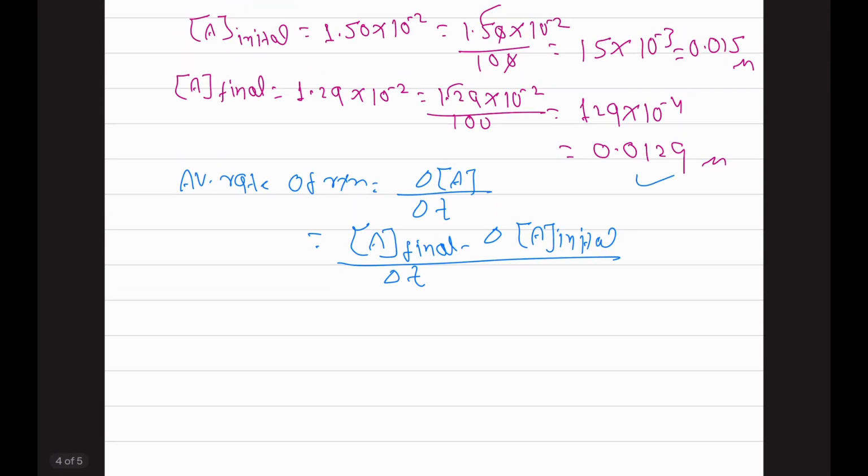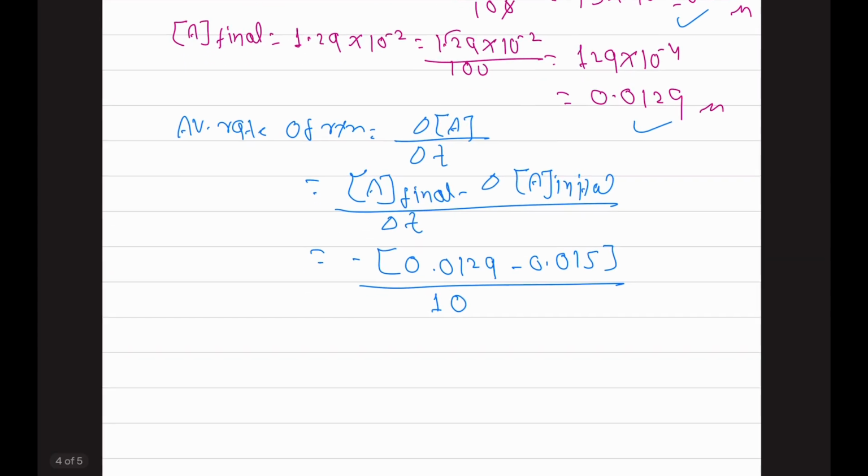The final is 0.0129 and the initial is 0.015, upon the change in time. So 10 minus 0, 10. This is in minutes.